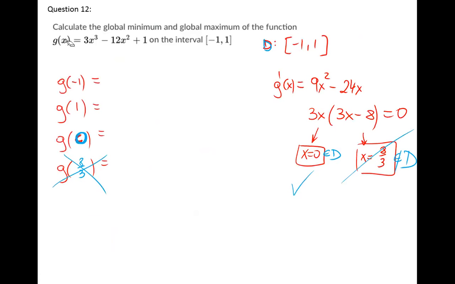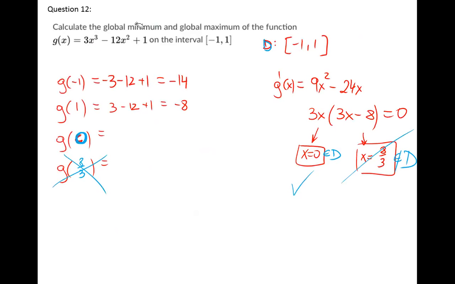Okay, now watch me because I will do the arithmetic. We have to substitute -1: -3 minus 12 plus 1. Am I right? And this is -14. Okay, now let's substitute 1: 3 minus 12 plus 1, that is -8.